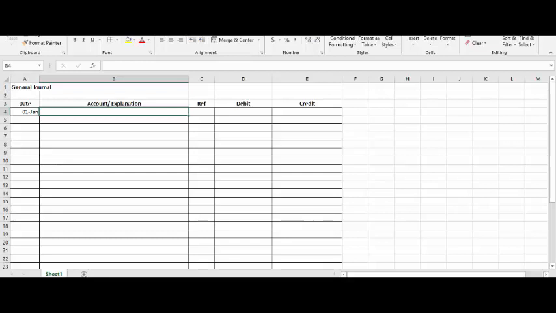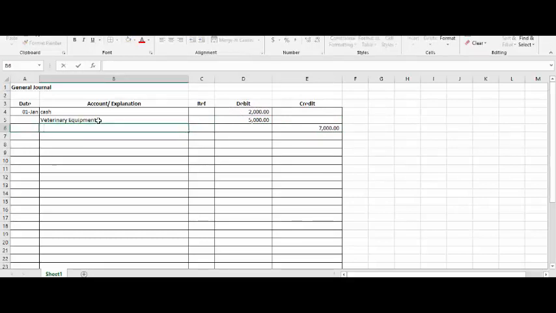So cash is going to have a debit of $2,000. And veterinary equipment is another asset, so it'll behave just like cash, and is going to have a debit of $5,000. Now our credit is going to have to be equal to $5,000 plus $2,000.